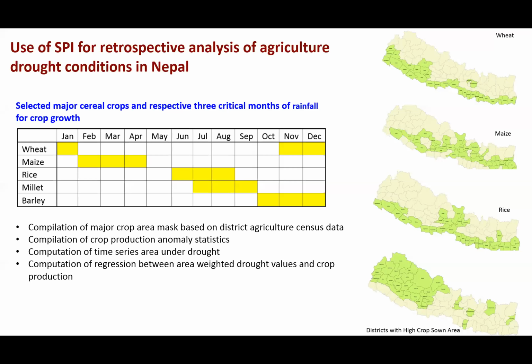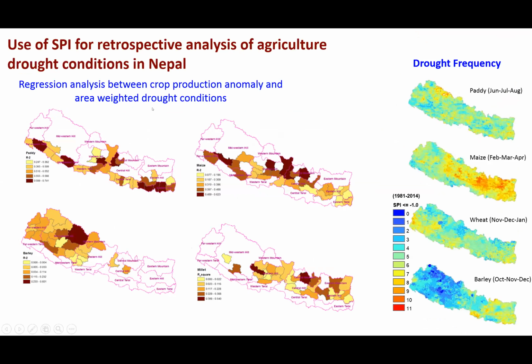For that matter, we aggregated Nepal by four cereal crops: wheat, maize, rice, millet, and we identified their major crop zones. Then we looked into the historic data to see which crops in a particular geography are under extreme drought threat.